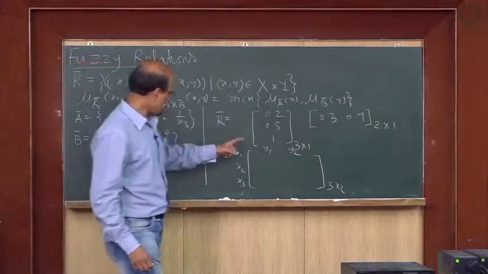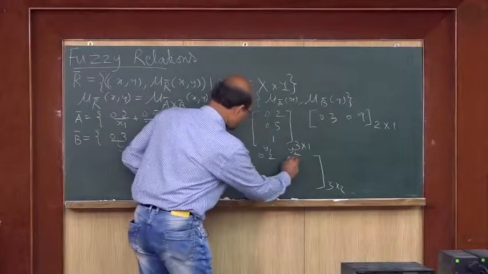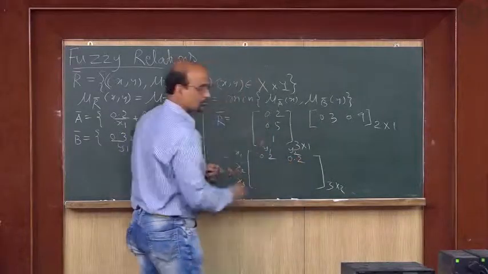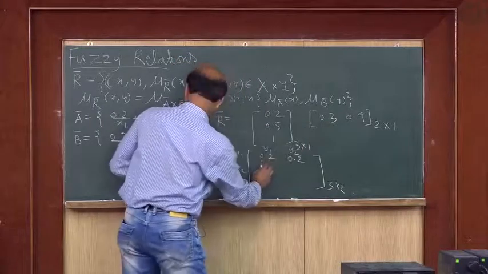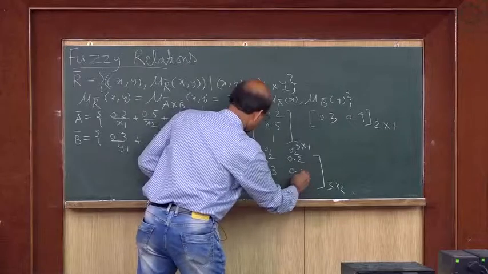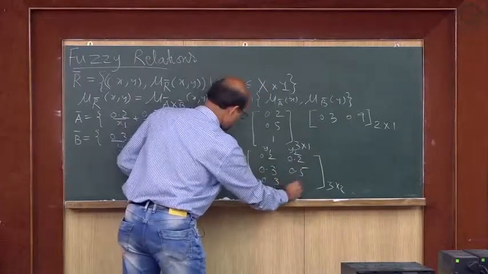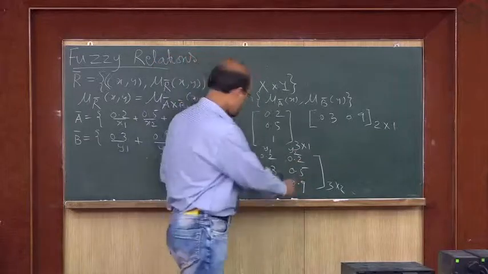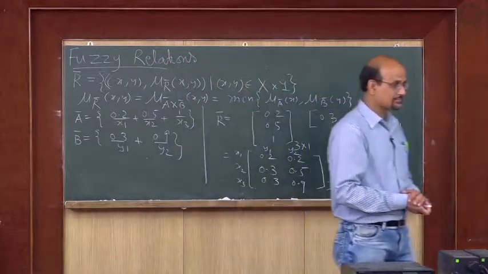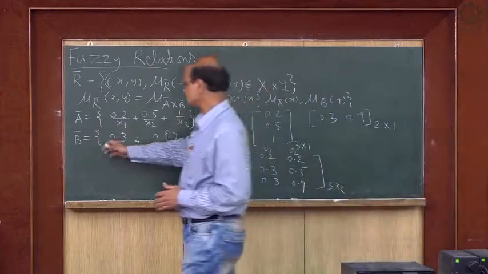Now we will have 0.2, 0.3, minimum is 0.2; 0.2, 0.9, minimum is 0.2; 0.5, 0.3, minimum is 0.3; 0.5, 0.9, minimum is 0.5; 1, 0.3, minimum is 0.3; and 1, 0.9, minimum is 0.9. So, this is the relation matrix that we get for the temperature pressure relation.